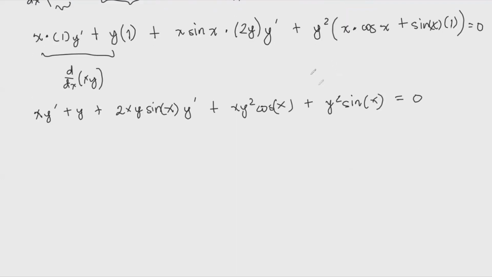And by this form we've already obtained the necessary differentiation, and we just need to isolate y prime from all of these and then give the expression in terms of y prime.